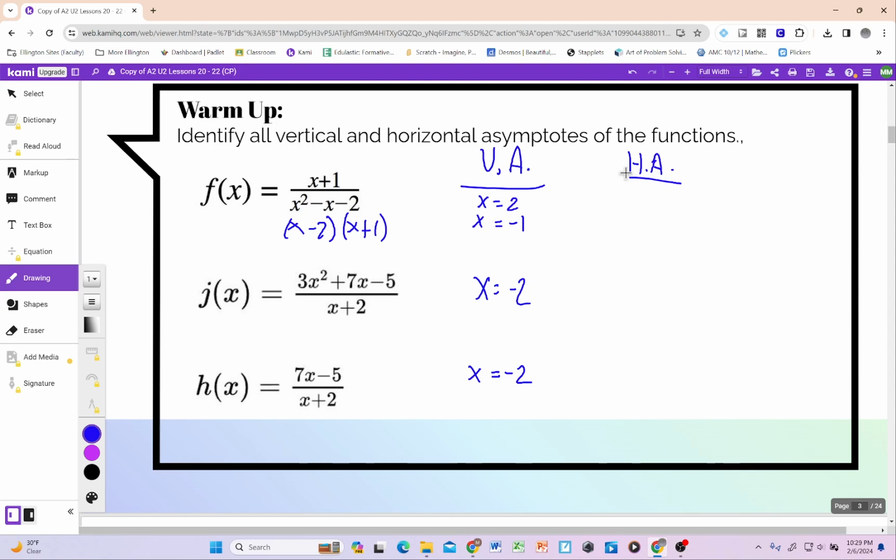You're looking to see which is bigger, the numerator or denominator. So for the first function, what's bigger? The denominator's bigger, it's got a higher degree, it's got an x squared in it. So what's going to happen when I divide something into bigger and bigger pieces? As x goes up, x squared is going to get bigger and bigger, much bigger than x.